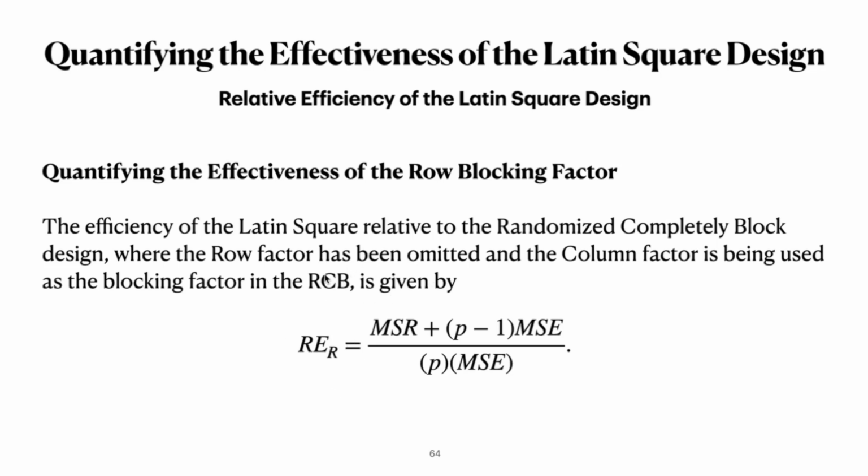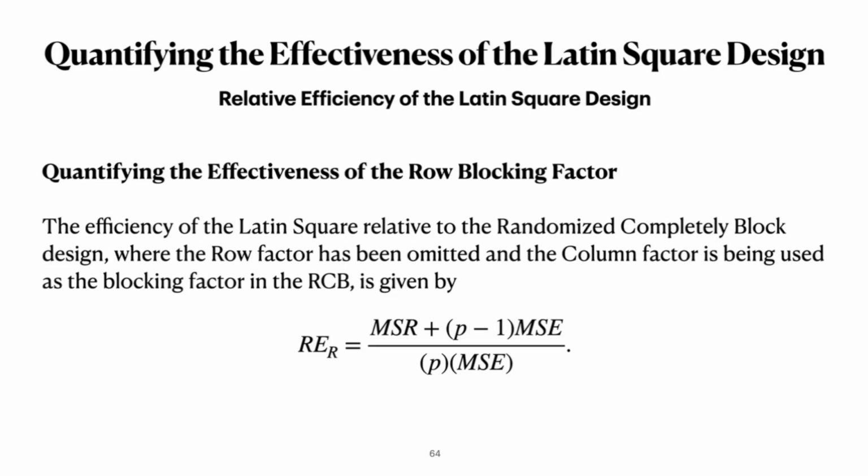Again, what we're doing here is thinking about omitting the row blocking factor, but retaining the column blocking factor. If we do that, then we could think about doing that experiment using a randomized complete block design in which the column blocking factor is the blocking factor.